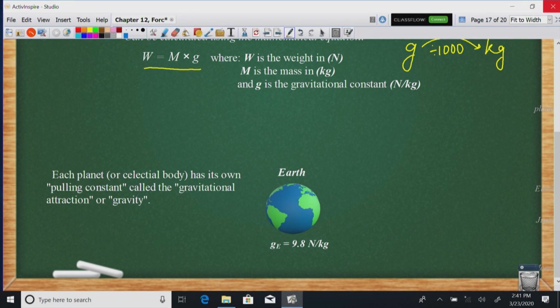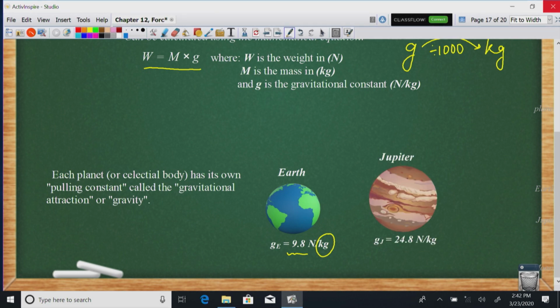Meaning the Earth pulls every 1 kilogram with approximately 10 newtons, 9.8 or 10. On the other hand, if you go to Jupiter, which is much more massive than Earth, the picture doesn't show the difference much. Huge, Jupiter is huge as compared to Earth.